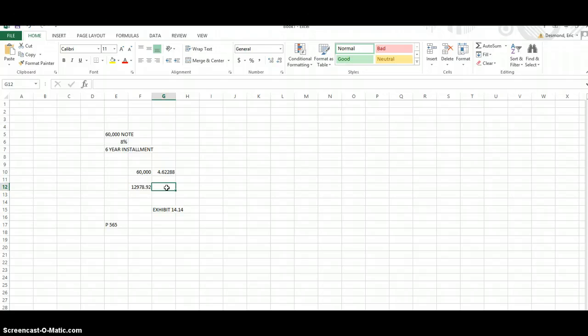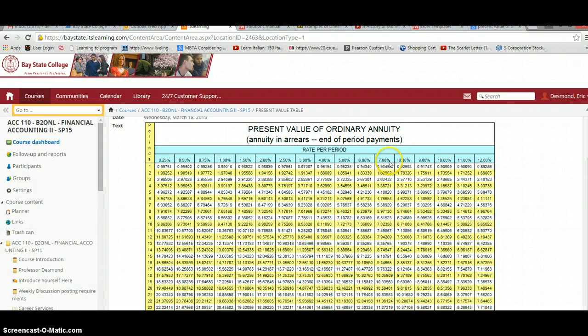So for the homework assignment, what you're going to have to do is, if we look at exercise 14-14, Eagle borrows $100,000 cash, 4-year, 7% interest. 7% interest over 4 years.